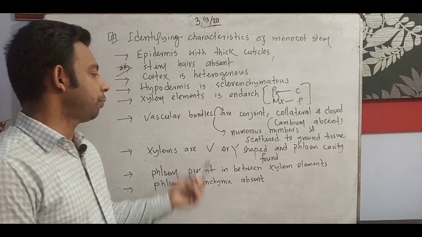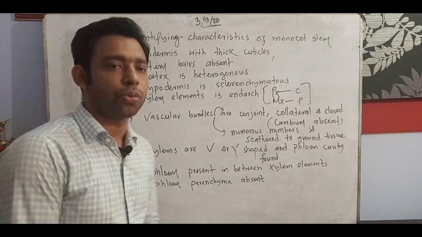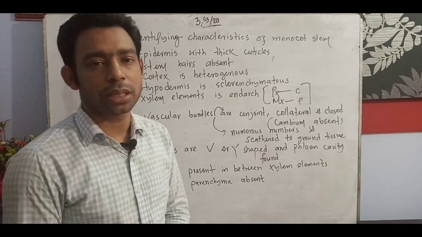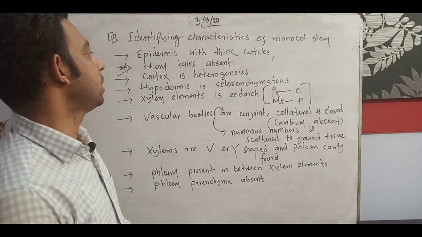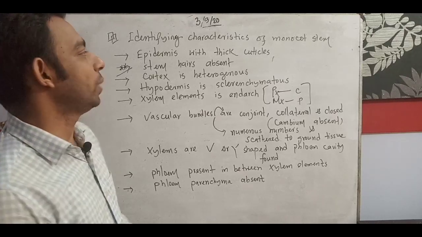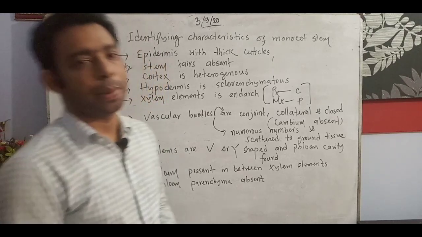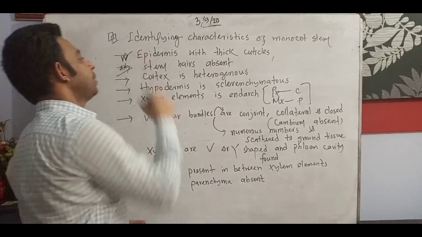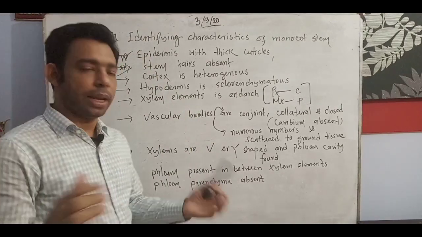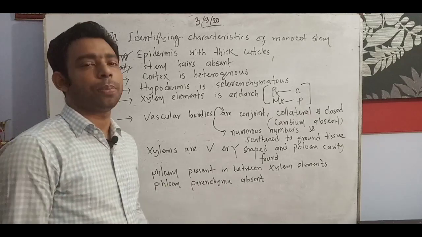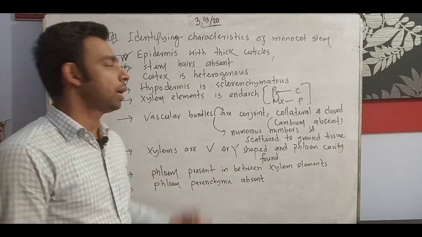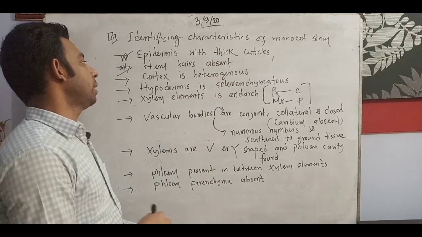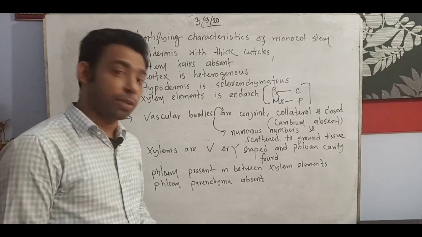So what are the identifying features that we need to remember? Epidermis with thick cuticles. These features can be in any kind of stem or plant root outer layer, but they also count here as identifying features. Stem hairs absent, it is very prominent.